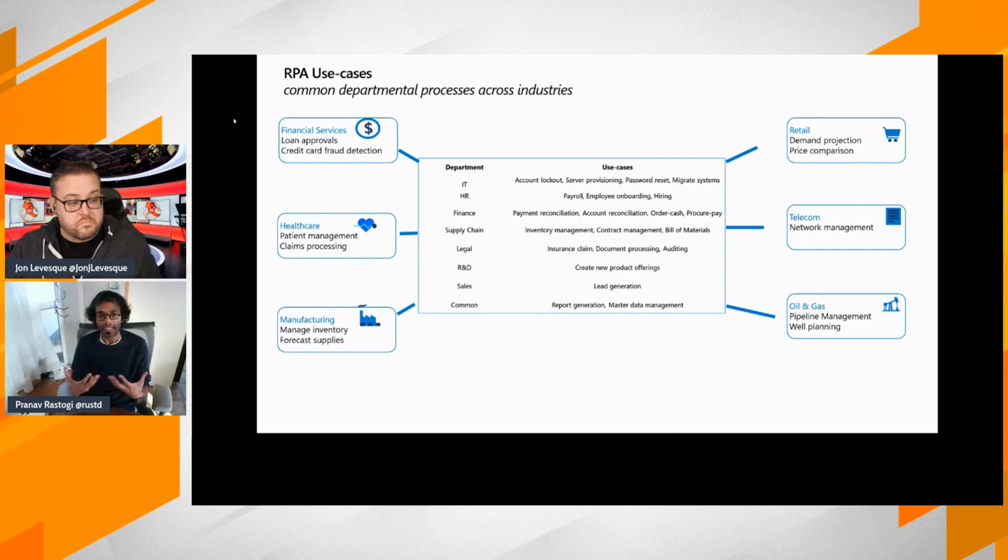So the whole idea is that one lens is you've looked at all your backend processes across your departments, and the other lens is you've looked at some scenarios which are more common to your industry, and you can use RPA for both these kinds of use cases. But the core thing to remember is RPA applies fundamentally at the departmental level, where you want to automate your backend process, which you're doing manually today. And that's the key takeaway we want our listeners to take from this slide.